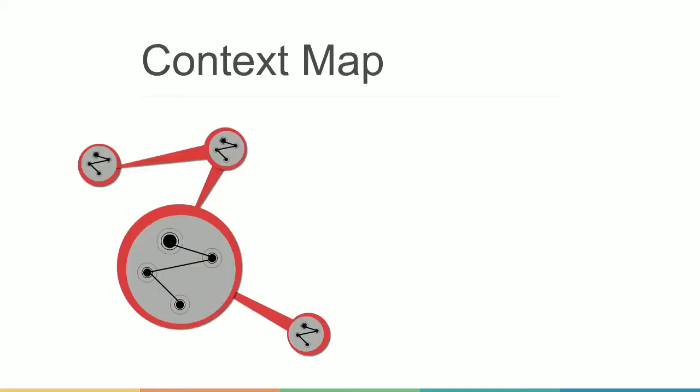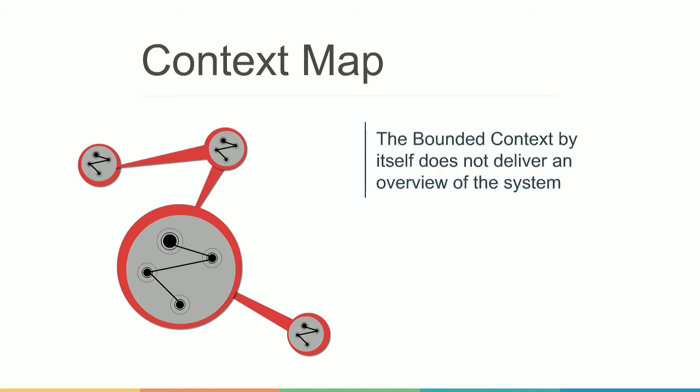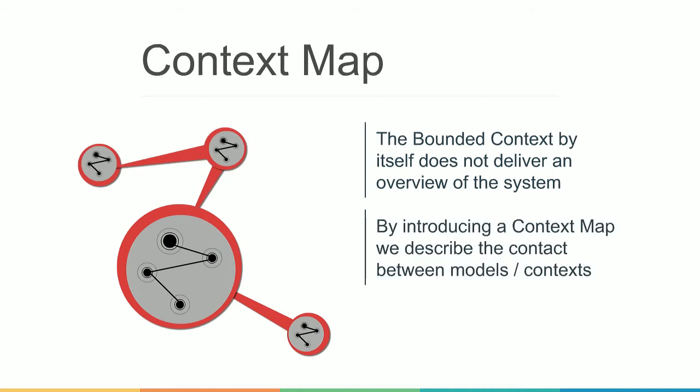Now, the next thing that we need to take a look at is the context map. The context map brings the bounded contexts into relation to each other. An isolated view of a bounded context doesn't give us a really good overview of a system.